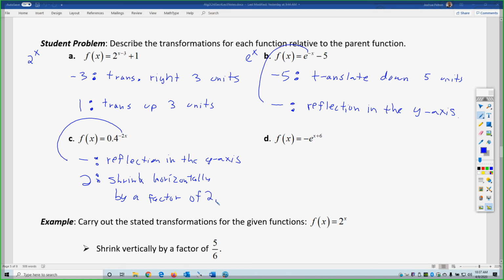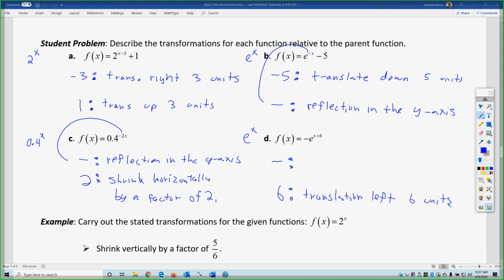All right, last one, e to the x is our parent here. The parent over here was 0.4 to the x. Okay, so we have a negative here and a 6. The 6 is on the inside, so it's a translation left, because the inside is counterintuitive, 6 units.